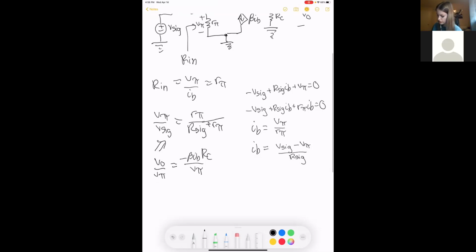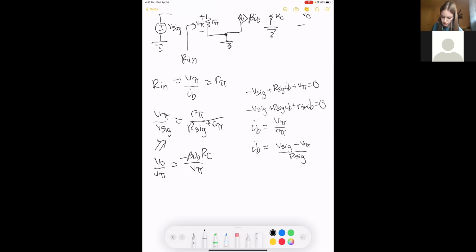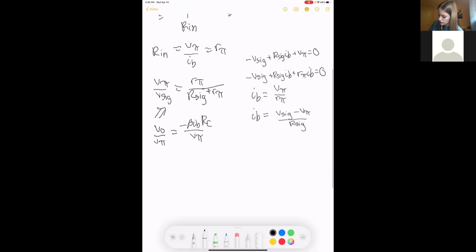We can also rewrite this to get rid of our IBs, so we can write that negative beta V pi over r pi is our IB, times RC divided by V pi. So we're going to cross out those, and what we're going to get is that VO over V pi is equal to negative beta RC over r pi.